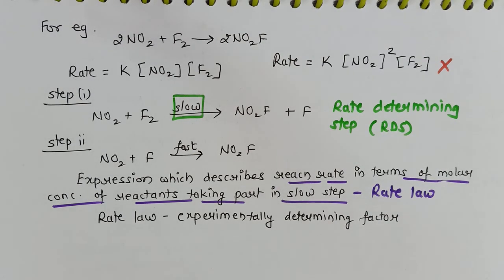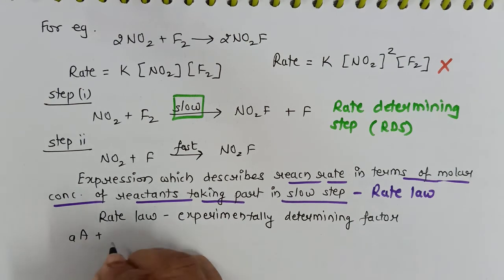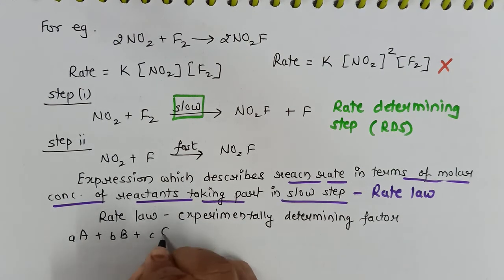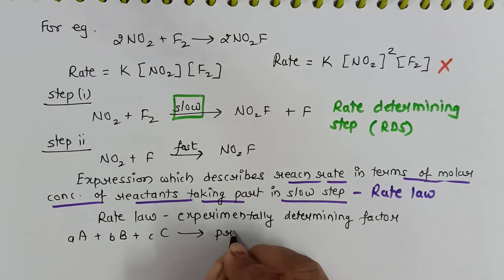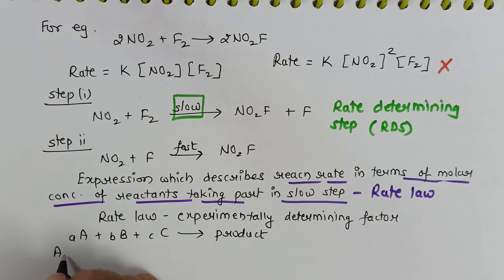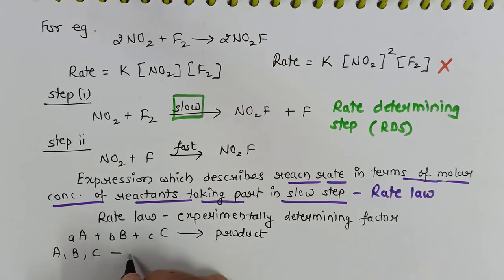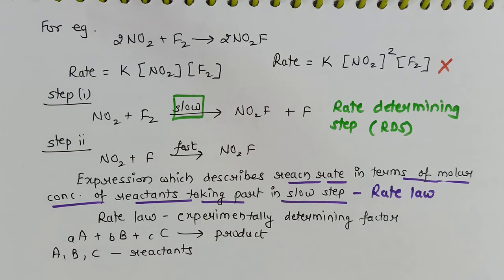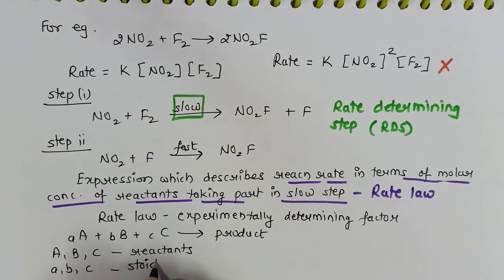So let us consider the reaction which I have written previously, aA plus bB plus cC giving the product, where A, B, C are the reactants, and small a, b, c are the stoichiometric coefficients.